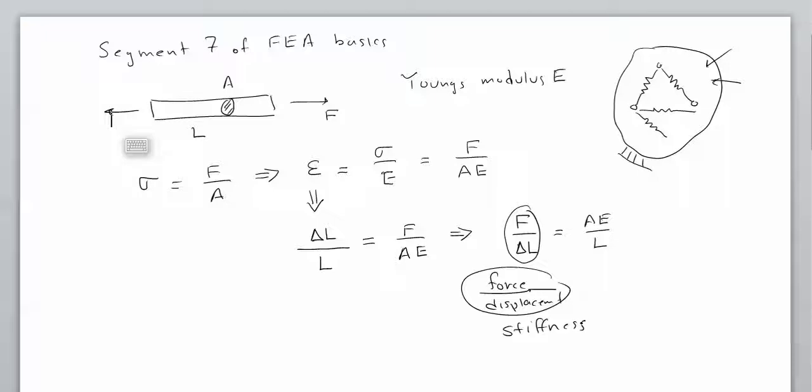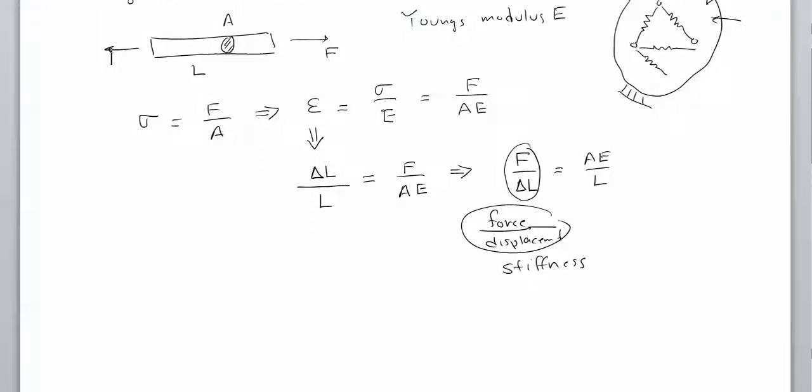Which means that the stiffness of this bar, which we can denote by K, is equal to AE over L.